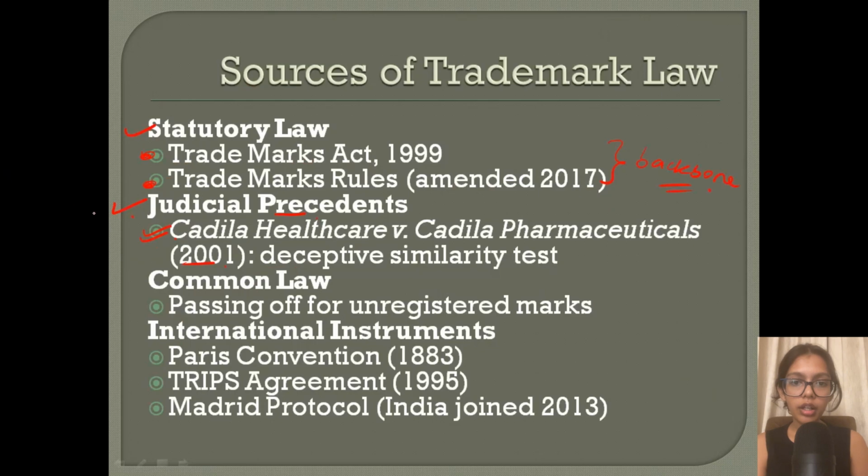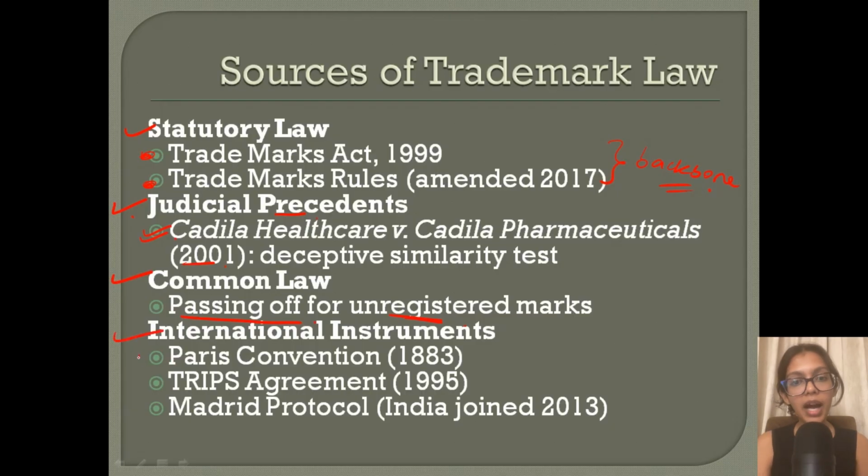Then the third point is that of the common law principle of passing off, which we have already talked about before. So basically, even if a trademark is not registered, businesses can still protect themselves against others misrepresenting their goods as those of the original owner. Then finally, there are certain international sources as well.